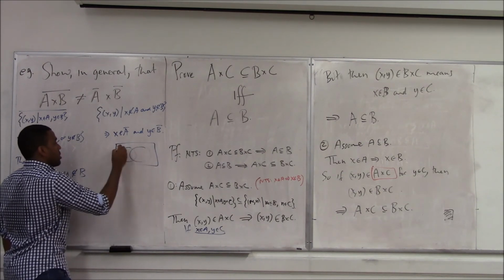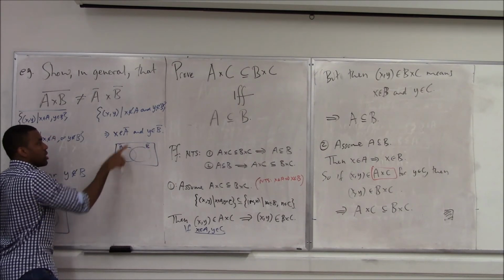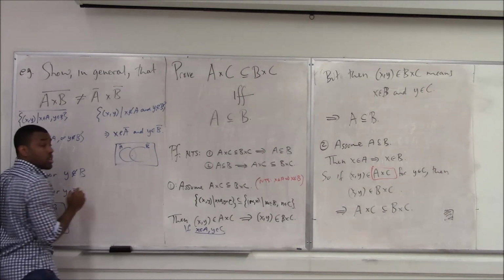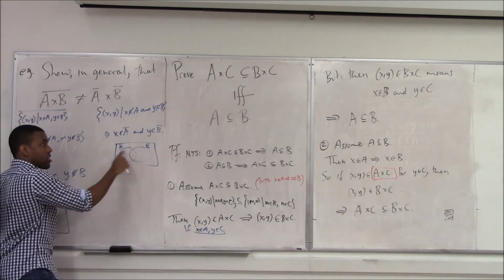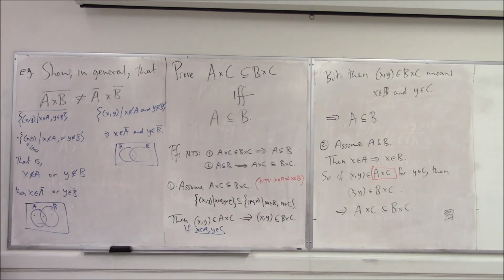That's my A complement, that's my B complement. This says I'm in the intersection, right here. I can't be here, I can't be here. So that's telling you the guys that we're going to want to expose to show that they're not equal. Because if I can find a guy that's here, it will work here, but it won't work there.